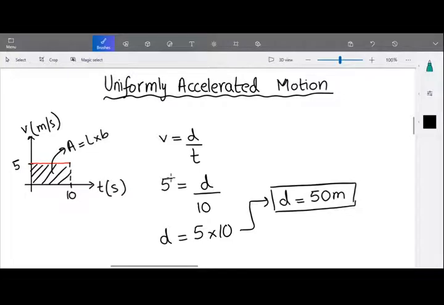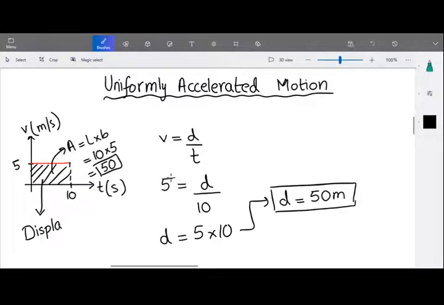So this rectangle is 10 seconds in length and it has a breadth of 5, which also gives you 50. And this 50 is the same as displacement, so it's safe to assume that the area under the velocity-time graph gives us displacement, right?